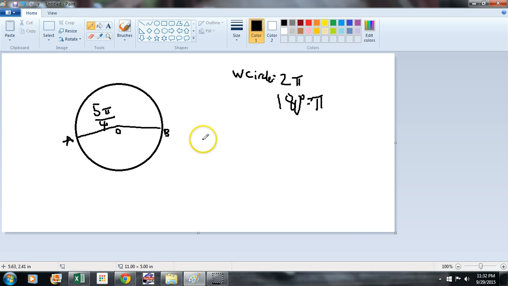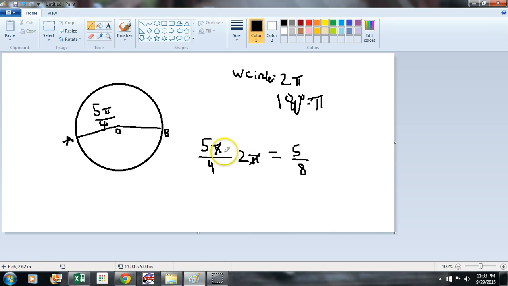So we basically just set it up, 5 pi over 4 times 2 pi, and we want to know what our ratio is there, and then multiplying it, we get 5/8 is our answer, because the pi's cross out.